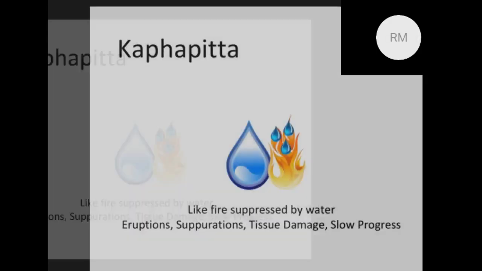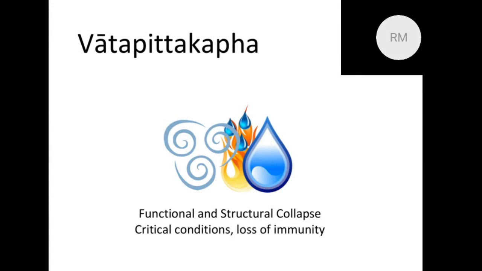Then we have the Tridosha combinations. These are very, very difficult to identify, and they cause very strong crisis in the human body. Examples for Tridosha problems are late stage diseases, conditions like diabetes, cancer in late stages, and certain skin diseases.